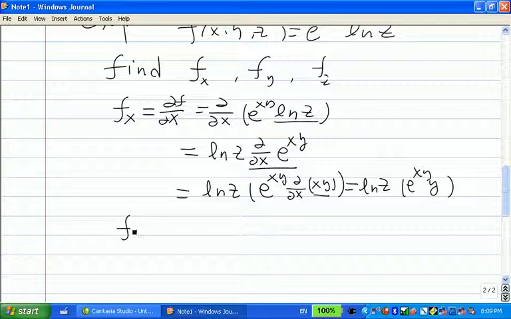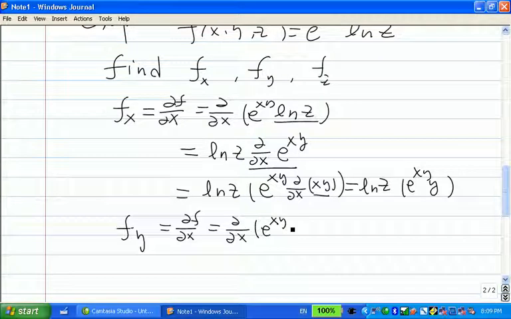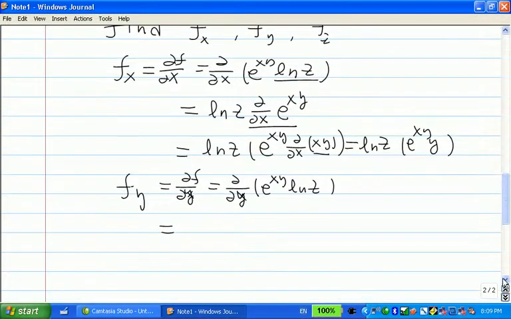Similarly, we can find the partial derivative with respect to y. That's another way to write partial derivative. You just replace this f by its definition. Sorry, this is y. This time we take a partial derivative with respect to y.